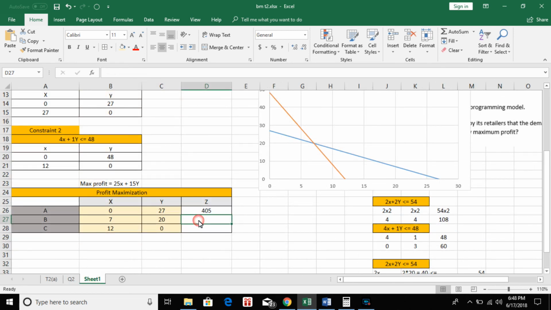It is 405, and I can just drag it down, but if you didn't understand, I am doing one step again manually.